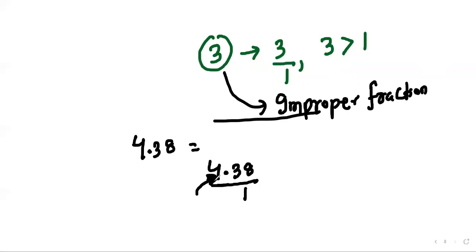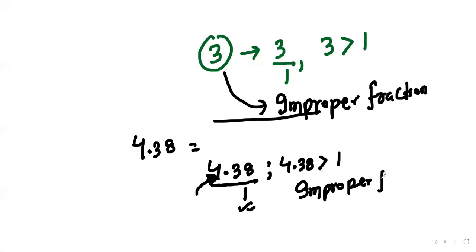So 4 is obviously greater than 1. So we can easily say that 4.38 is greater than 1, which is the denominator. It means that it fulfills the criteria of the numerator being greater than the denominator. So this comes under the category of improper fraction.